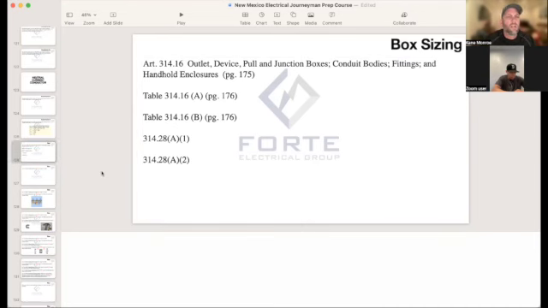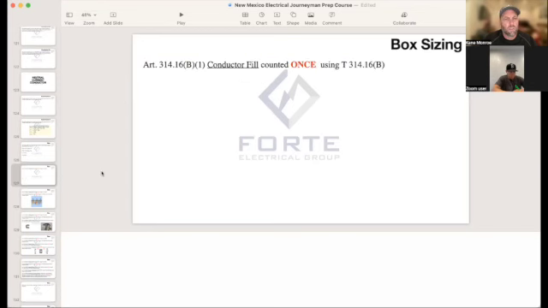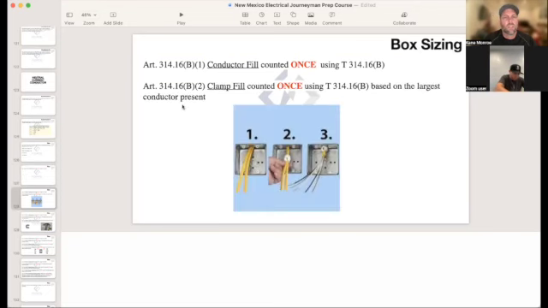All right. So, like I said, you'll highlight those. And what you've got to remember is inside a box, your conductor fill is counted once. So your wire size is counted once. Then your clamp fill, and this is a little Romex clamp that we have there.